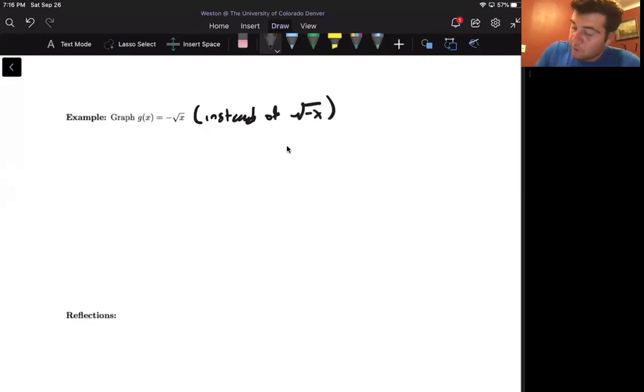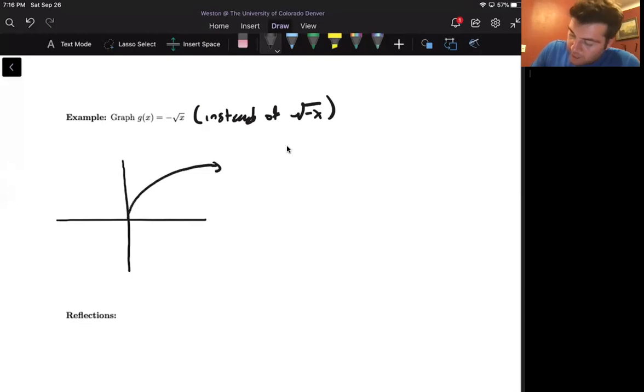So we'll start again with just the graph of the square root of x. So again, this can be h of x equals the square root of x. And now think about what happens when we instead do the negative square root of x. Pause the video and make a conjecture about what you think is going to happen.